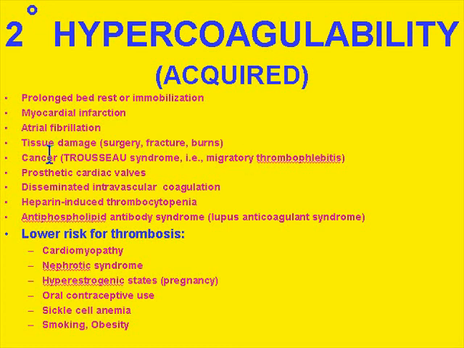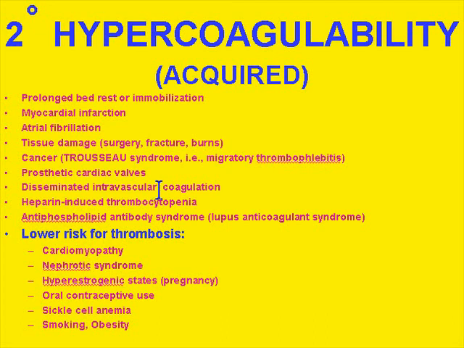People with cancers, especially GI or pancreatic cancers, can produce compounds which will produce a direct thrombotic effect on veins. That's called Trousseau's syndrome. Prosthetic cardiac valves can disrupt flow and trigger coagulation.